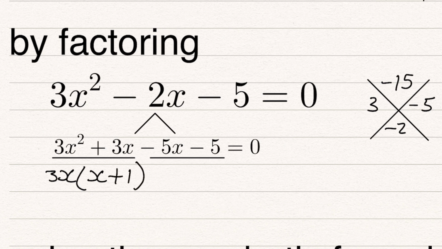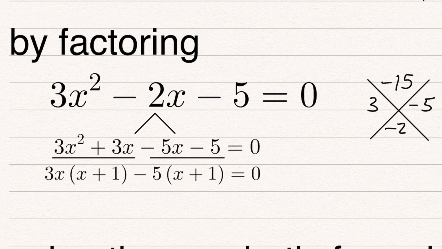From these, we can take out negative 5, which leaves us with x plus 1. All of that is equal to 0. Now we want to take out the x plus 1 and factor that. So factoring out x plus 1, we're left with a 3x minus 5.